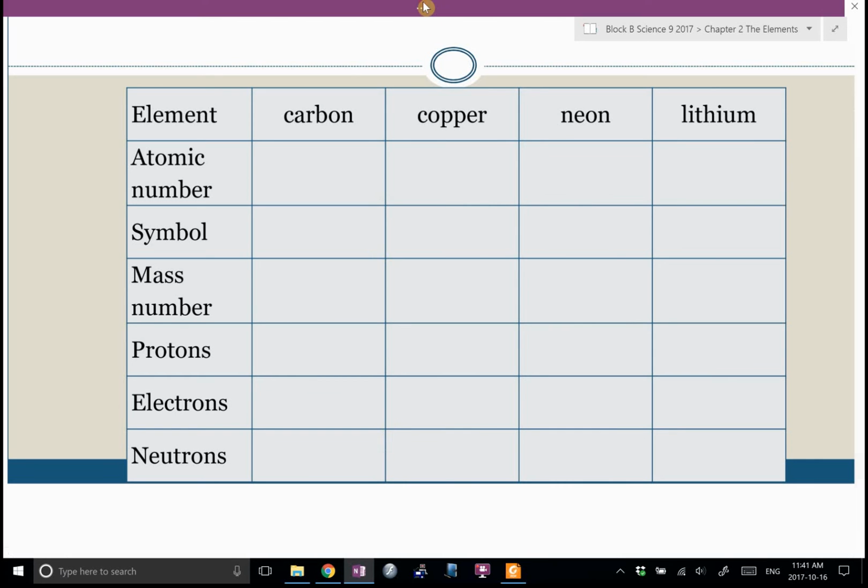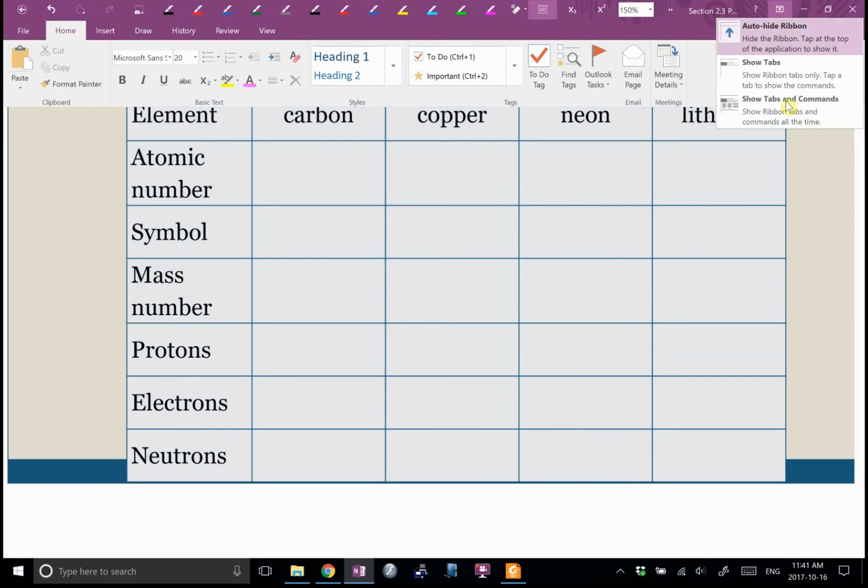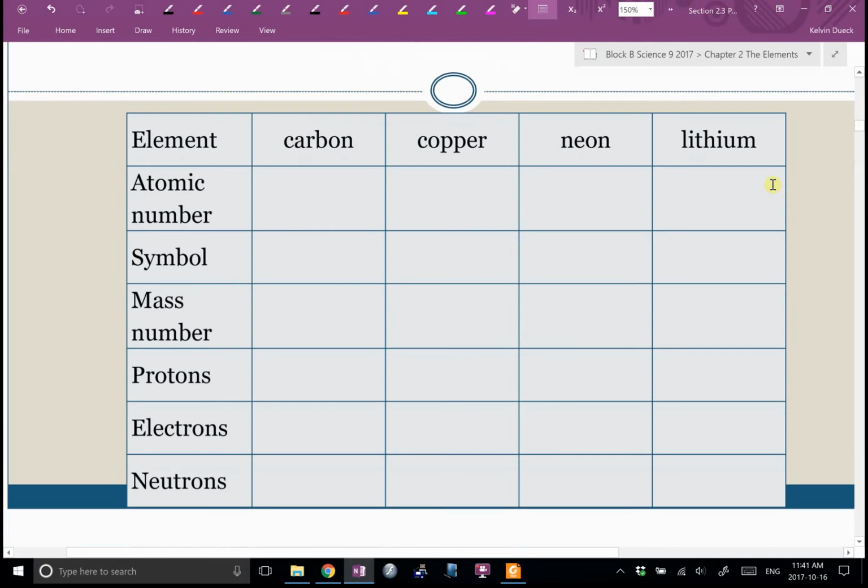Here we go. Find carbon on your periodic table. What's the atomic number of carbon? It's somewhere near the top, I think.